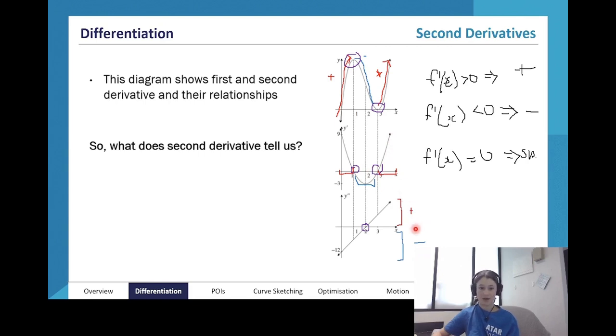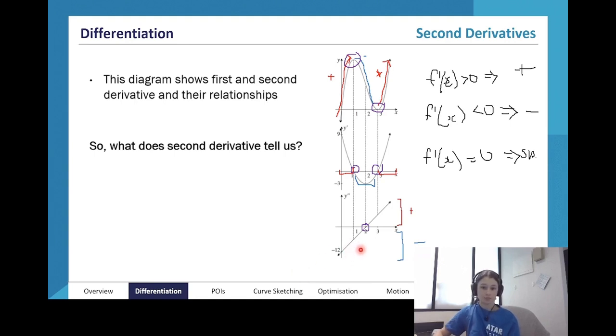And then a similar thing here. So in this section where the second derivative is negative, the first derivative is decreasing. Same thing again, where the first derivative has a stationary point, the second derivative is going to have an x-intercept, and this is exactly what we saw up here. Now, the other thing that I want to point out, and this is kind of the more typical application of the second derivative, is its relationship with the original function.